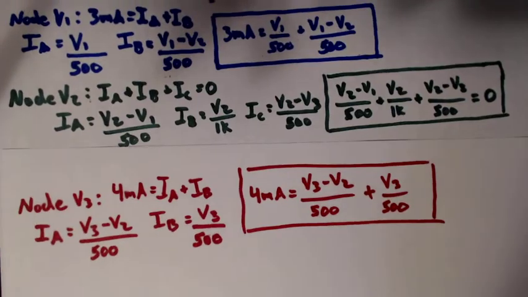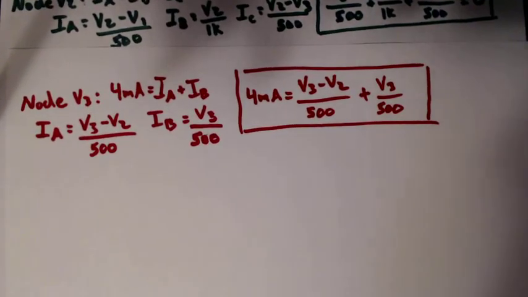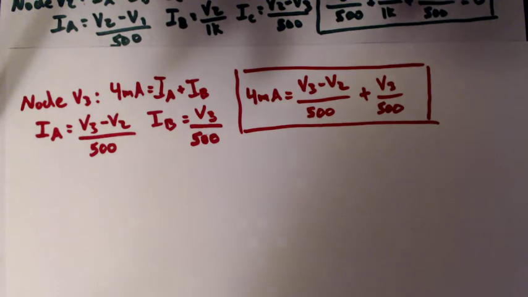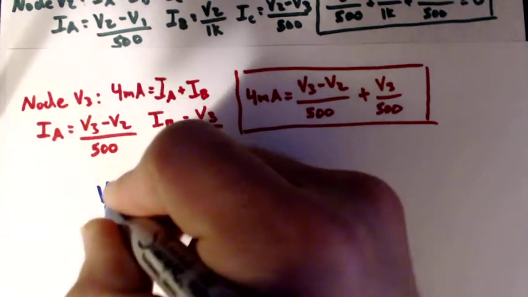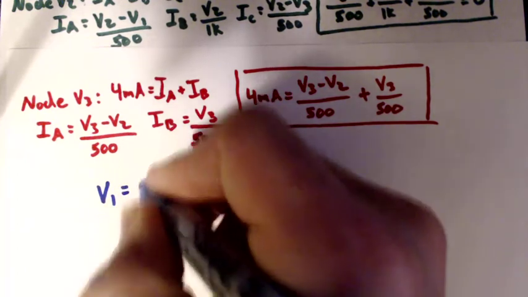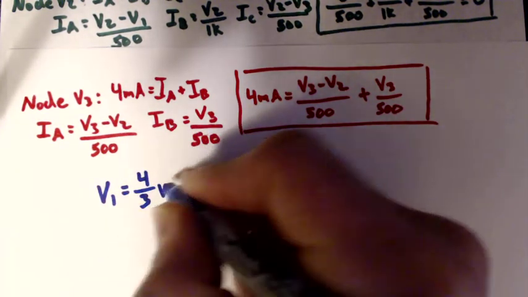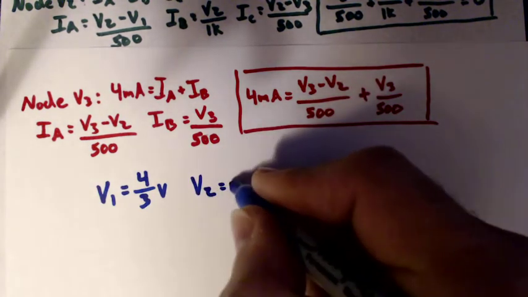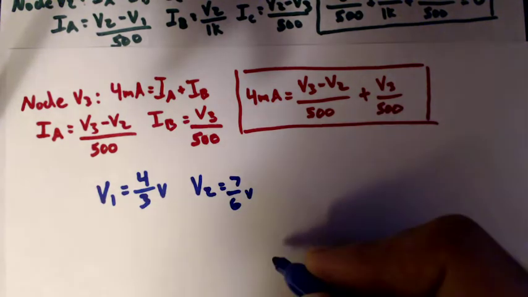Once you've solved the 3 equations, we're going to end up with values for V1, V2, and V3. V1 is going to be equal to 4 over 3 volts. V2 is going to be equal to 7 divided by 6 volts.